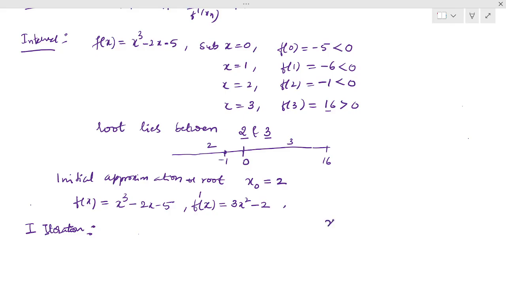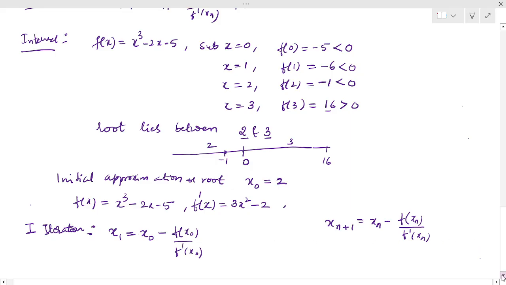So what is the formula? We have x n plus 1 is equal to x n minus f of x n divided by f dash of x n. Here you substitute n is equal to 0. The first iteration is x1 is equal to x0 minus f of x0 divided by f dash of x0.